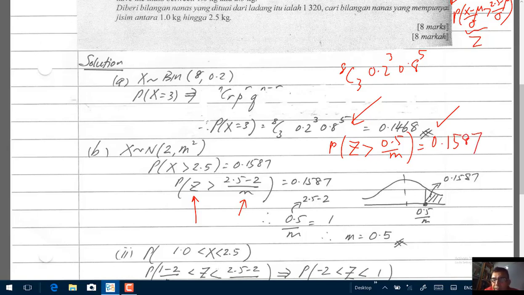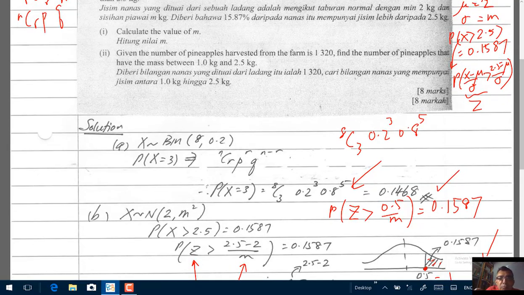So sketch a little picture like I've done here, and shade the area involved. This value here on the horizontal axis is 0.5 over m. You look it up in your tables, and you will get this value equals 1. So m equals 0.5. Done.